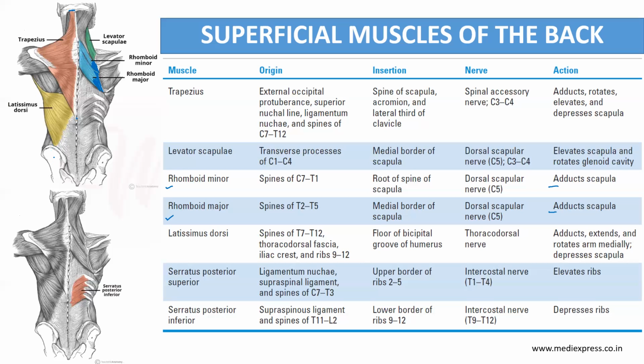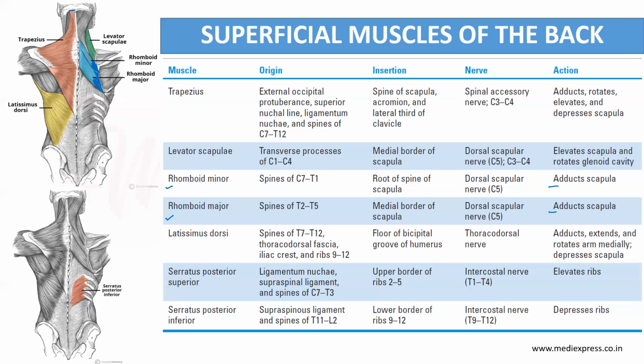The nerve innervation is thoracodorsal nerve. The action of latissimus dorsi is to adduct, extend, and rotate the arm medially. It also depresses the scapula.